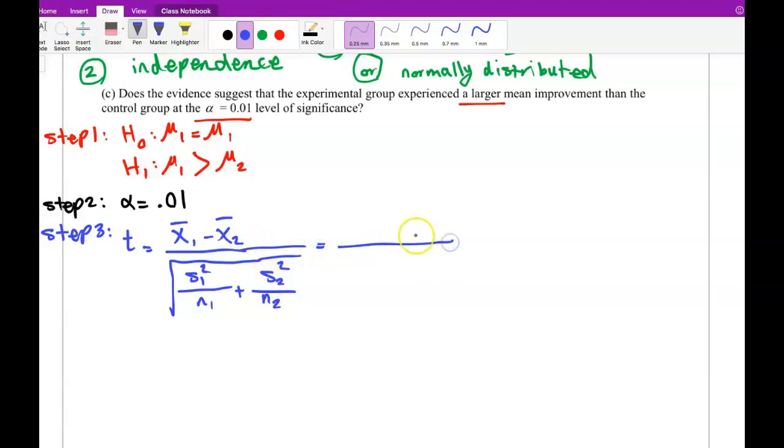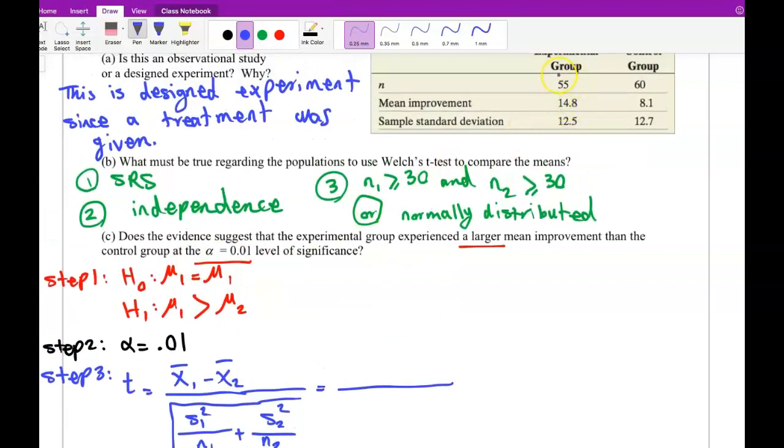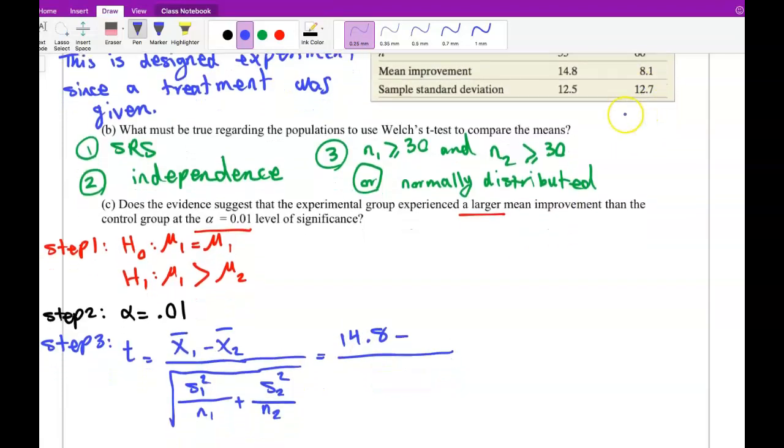Okay, so what we have for the sample mean for the first group is 14.8, and for the second group is 8.1.